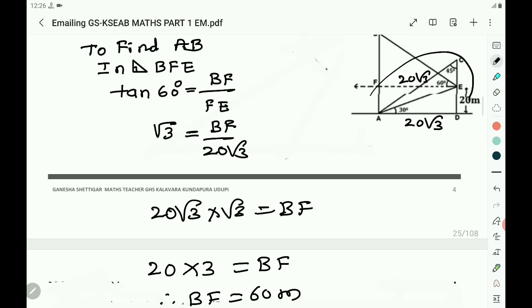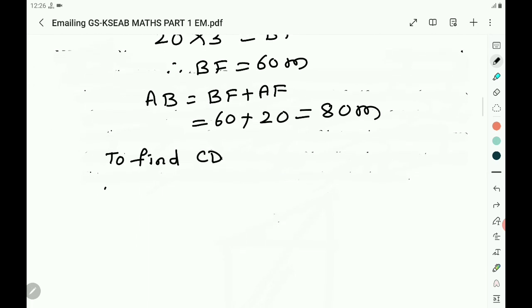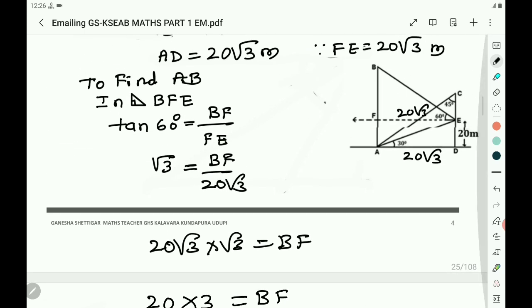In the right angle triangle ADC. Here CD, the height of the building, is to be found out, and for this 45 degree, CD is the adjacent side and the known side AD is the opposite side.